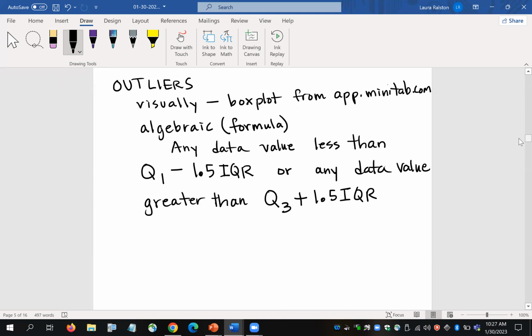You have to consider that there could be outliers on the lower end or the higher end. That's why there's two formulas or two pieces here.